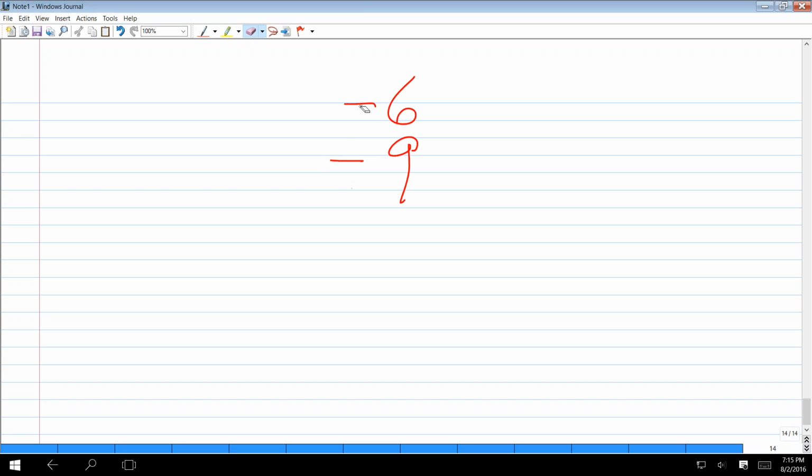Always have to know whether you're looking at a negative sign or a subtraction sign. If I turn it into an addition problem, then I change the subtraction sign to a plus and change the sign of what was being subtracted.